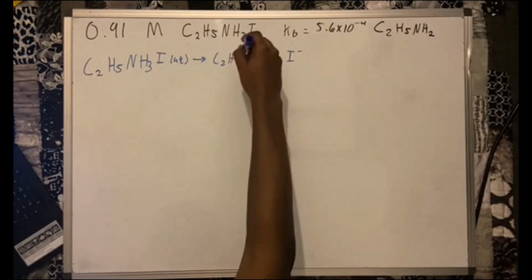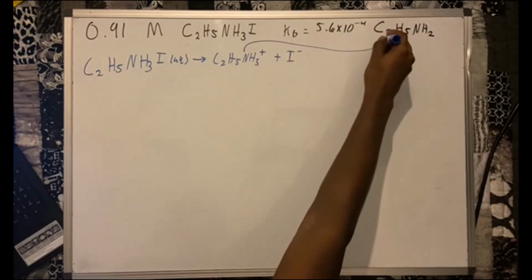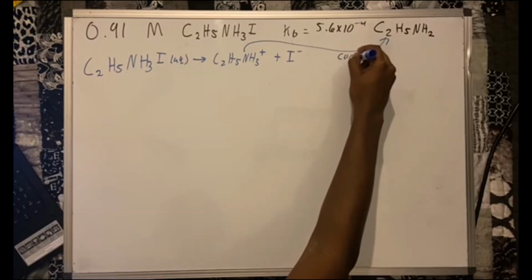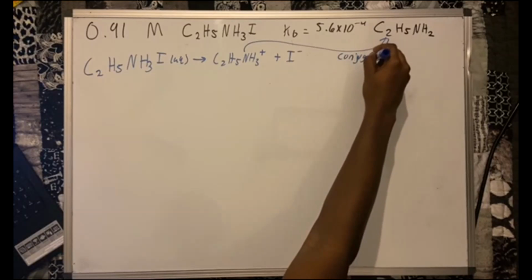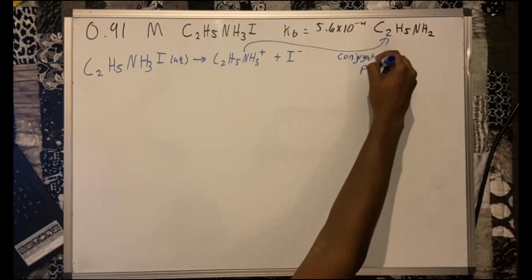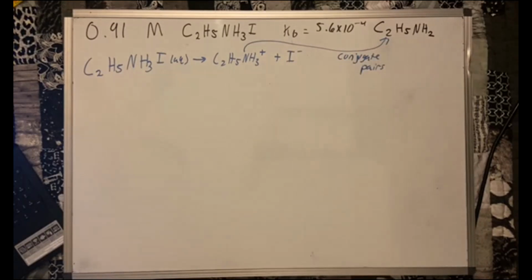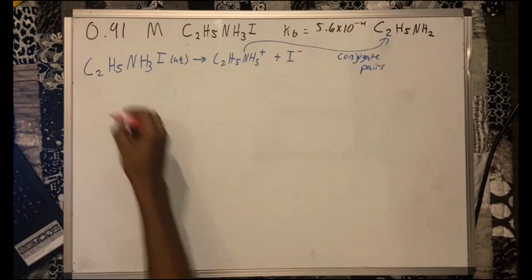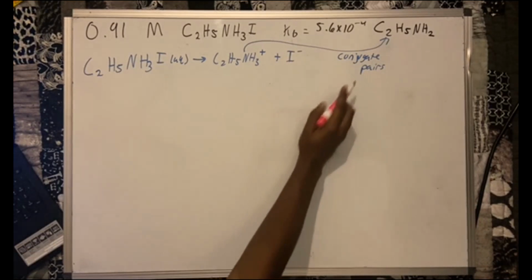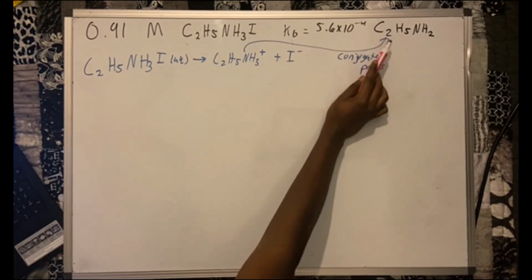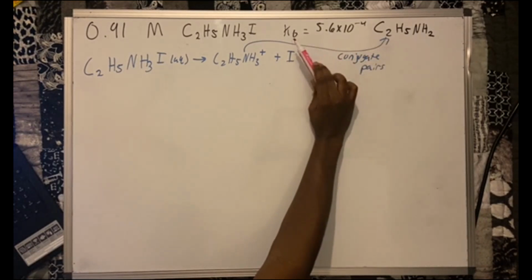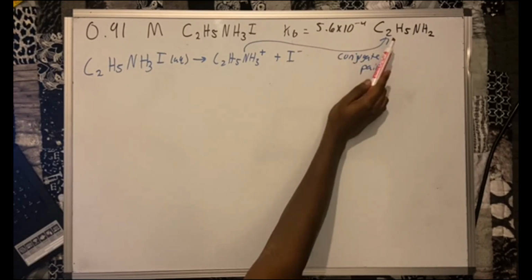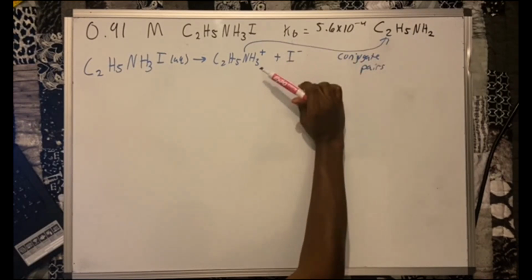Okay, and then we can all see, hopefully, that these are a conjugate pair. So we can get a pH from that. This one has a KB, so it is a base, making that my acid.